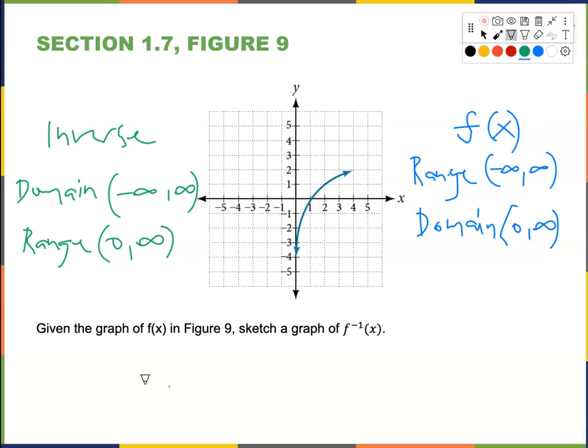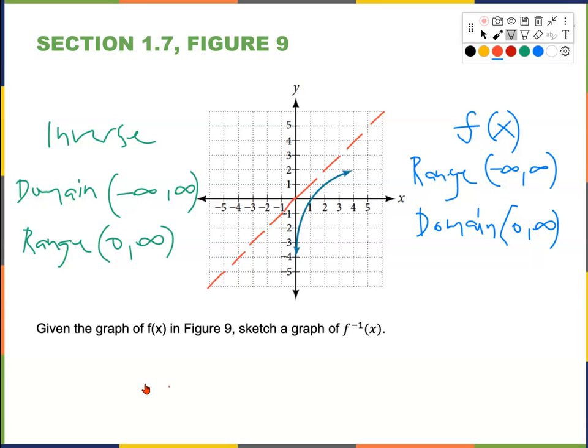And for finding the inverse graph, that is by reflecting about y equals x. So reflecting over the line y equals x. So let's graph it. Domain is from negative infinity to positive infinity, and range is above 0, so from 0 to infinity.